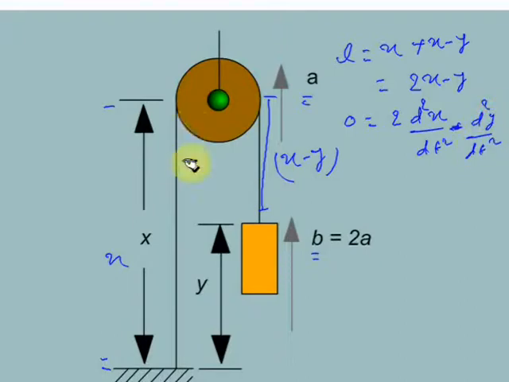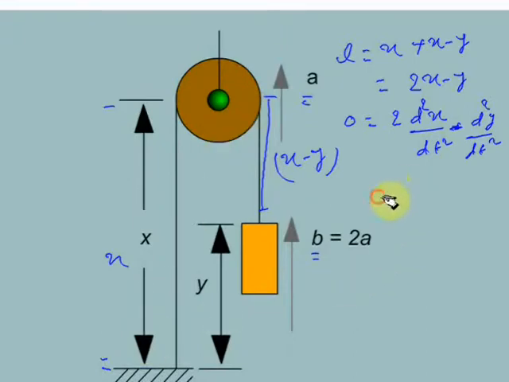Now y is the displacement of this block with respect to this reference point. So the double differential of y will give the acceleration b, that is how fast the block is moving away from this reference point. Similarly, the displacement of the pulley with respect to this reference point is x, so the double differential of this displacement will give the acceleration of the pulley with respect to this reference point.